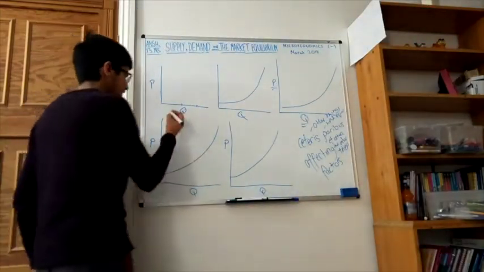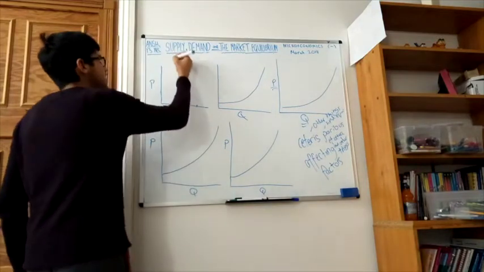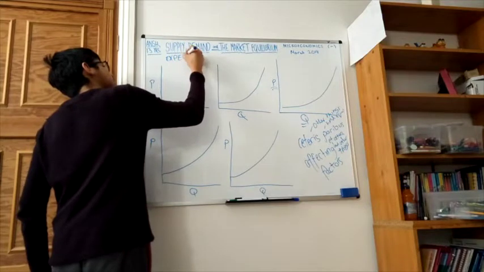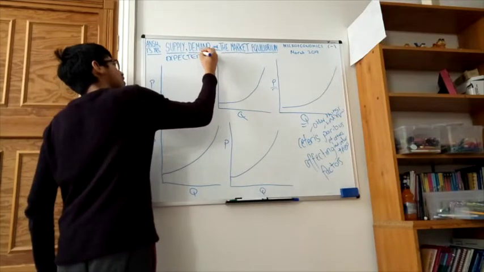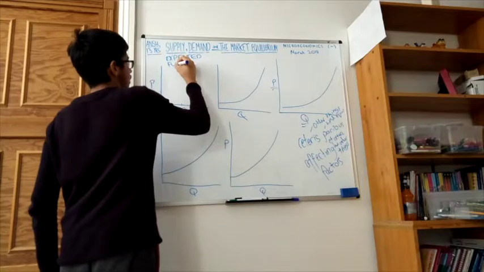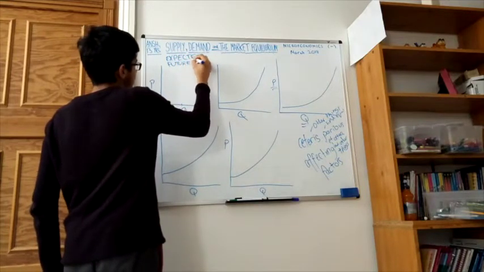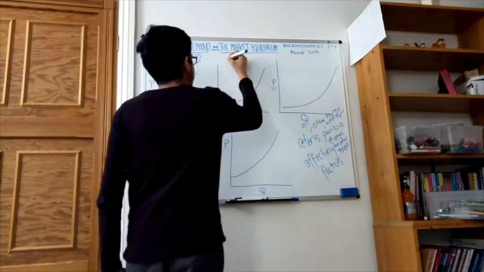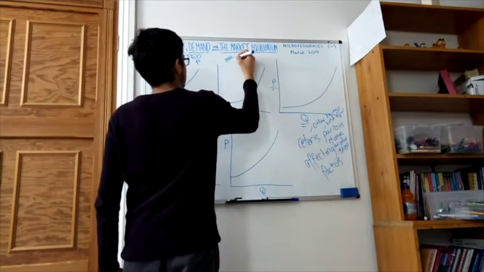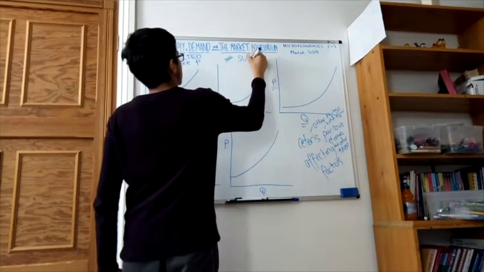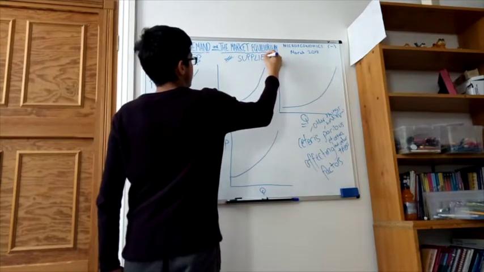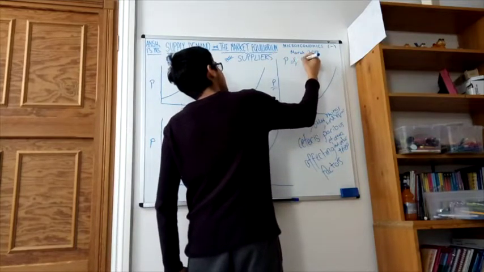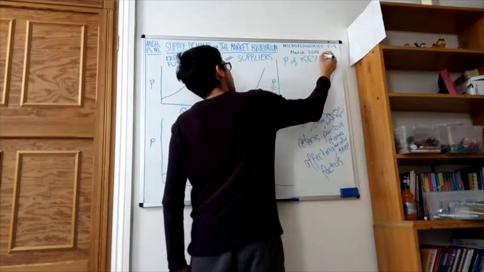So we're going to just list our affecting factors now. So this is expected future prices, and this is number of suppliers. This is price of key inputs.